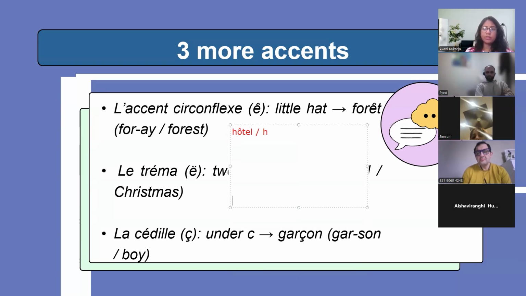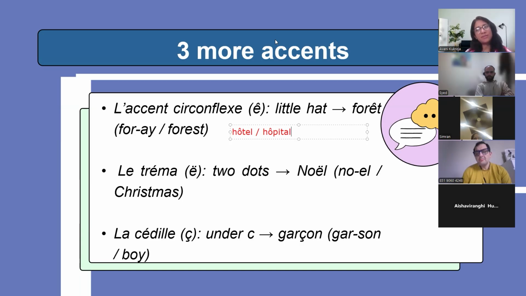Then we have hôpital. So this one is, how do we say, the most useless accent in French. It does nothing. It does not alter the pronunciation. It does not alter the meaning, but it must be included in written French only. It's not doing anything, but you have to learn it like you learn spellings. That's it. There's no role as such in changing pronunciations or meanings.